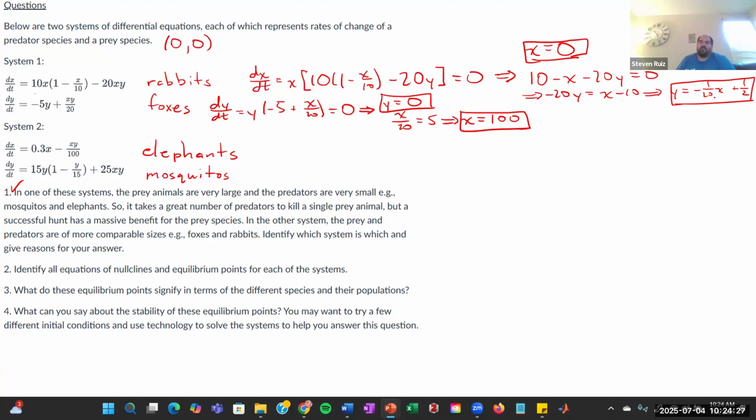Y equals negative 1 over 20x plus a half. Will that cross y equals 0? I think it will. So let's plug in 0 for y and see what I get.